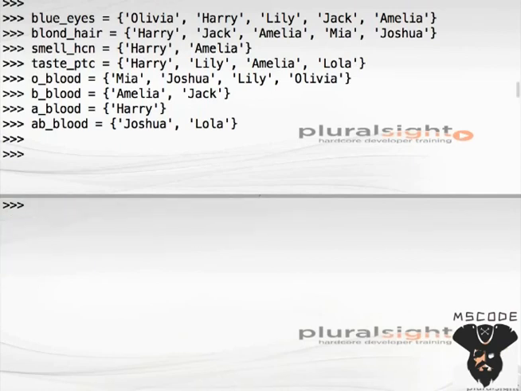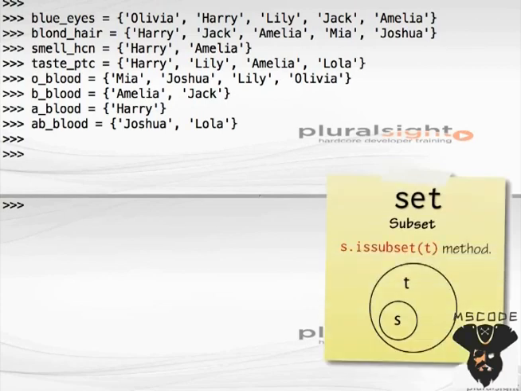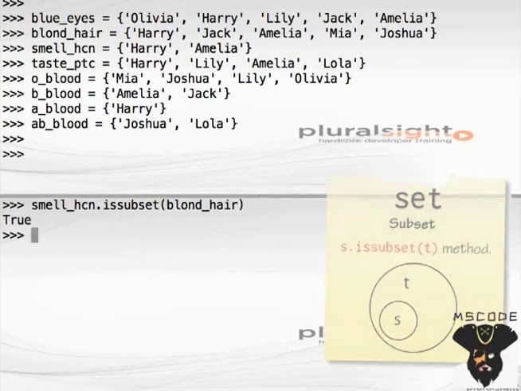In addition, 3 predicate methods are provided which tell us about the relationships between sets. We can check whether one set is the subset of another set using the isSubset method. For example, to check whether all of the people who can smell hydrogen cyanide also have blonde hair, use smellhcn.isSubset(blonde_hair). This checks that all of the elements of the first set are also present in the second set.